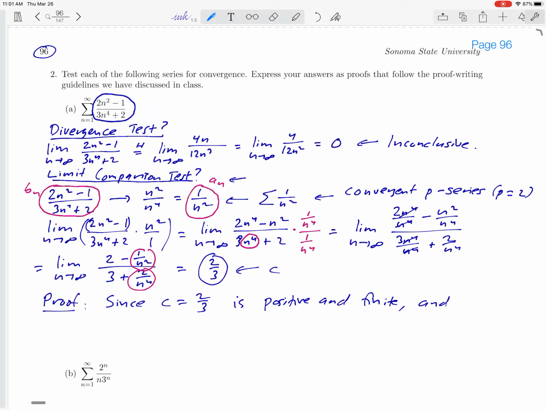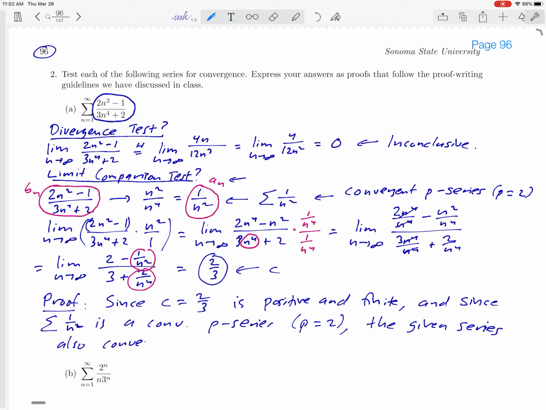Next thing that's important is to notice that the an series, way back up here, was a convergent series, a convergent p-series, p equals 2. As a result of those two facts, we can conclude that our given series also converges by the limit comparison test.